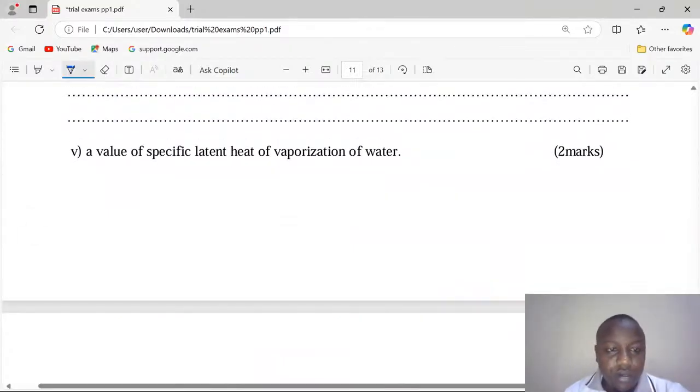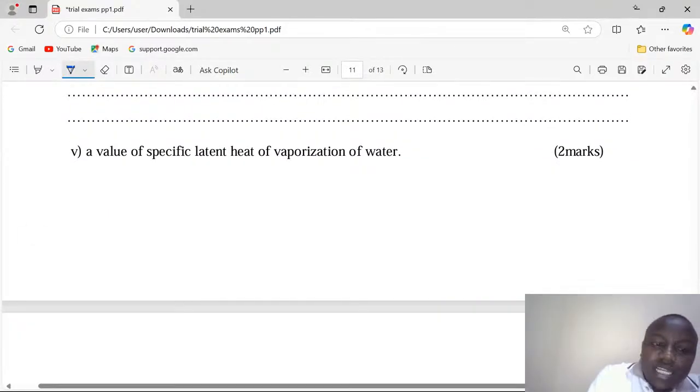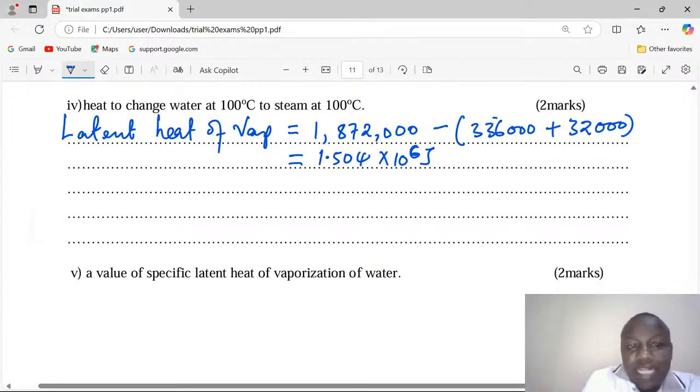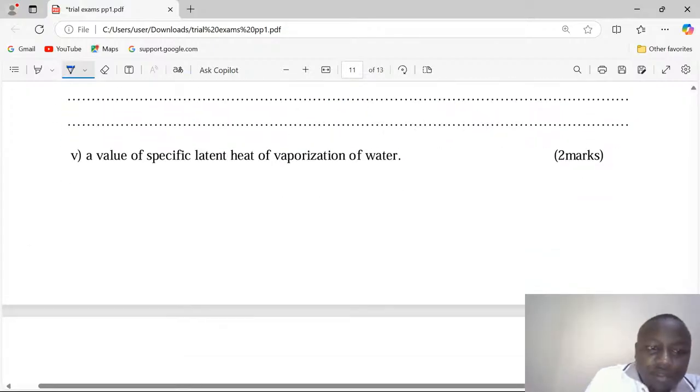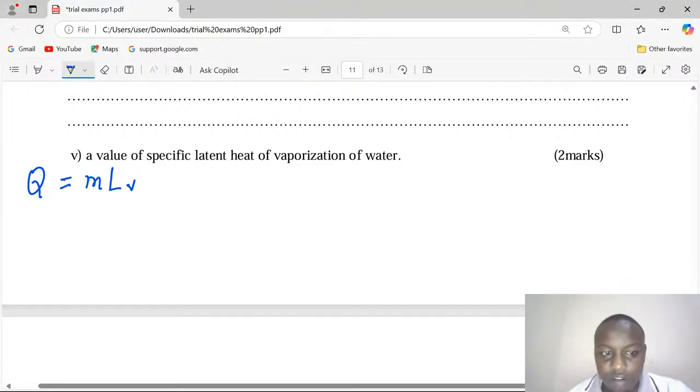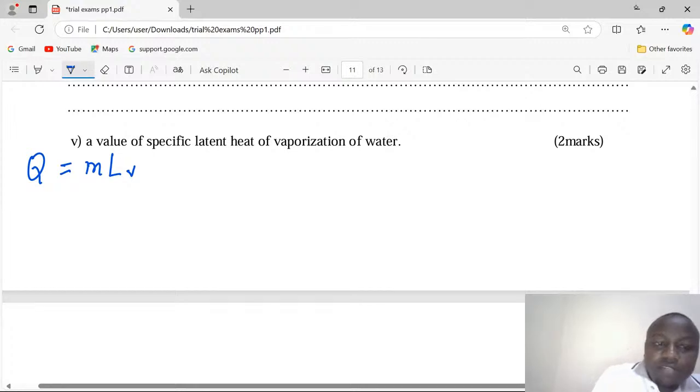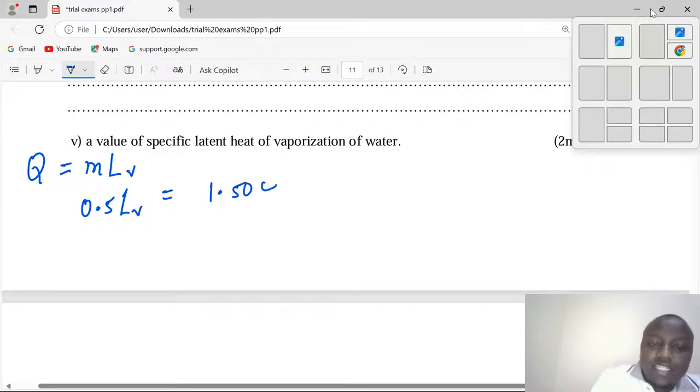So for the value of specific latent heat of vaporization of water, we usually say that the latent heat of vaporization is given by mass times specific latent heat of vaporization. So specific latent heat times 0.5 will be the heat which has been used for that.